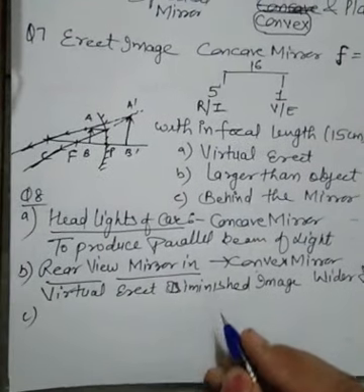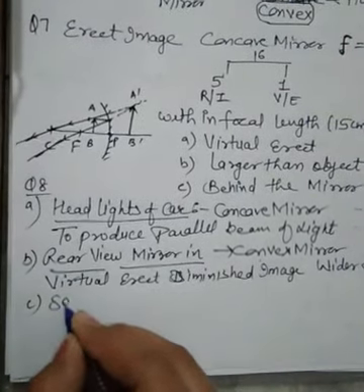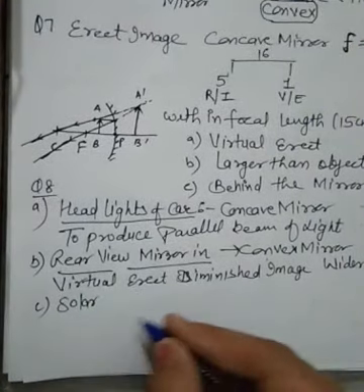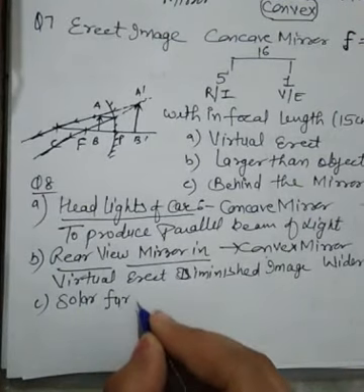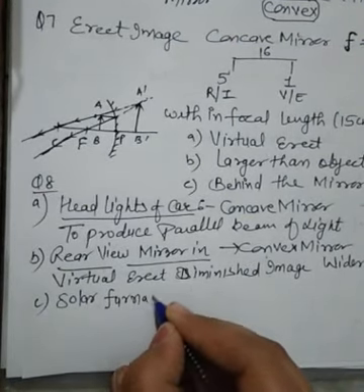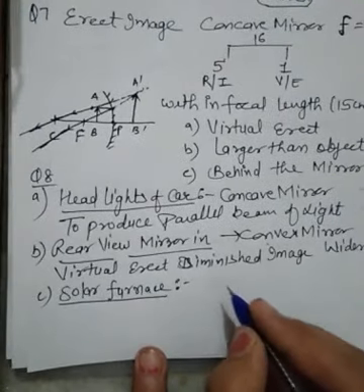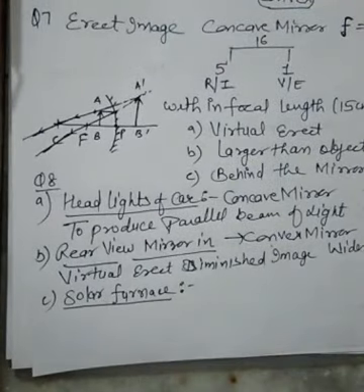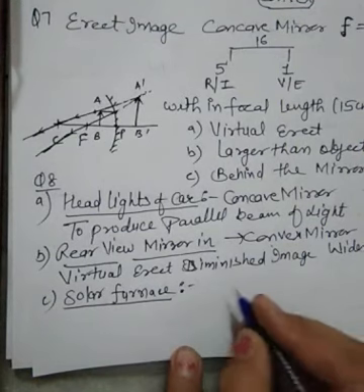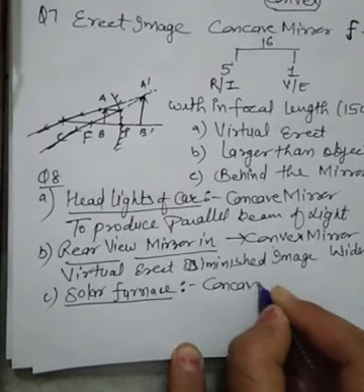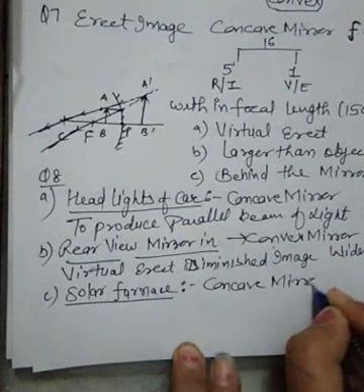The third one that is asked here is the solar furnace. What is the purpose of a solar furnace? It is to increase the temperature. How can the temperature be increased? By concentrating, by collecting, by combining all the rays coming from the sun at a point. So we will use a concave mirror here. Why concave?